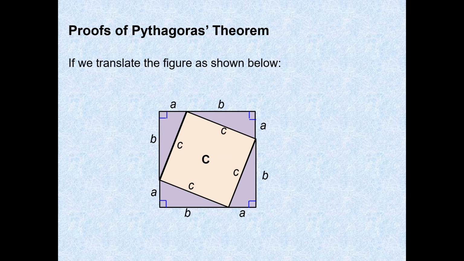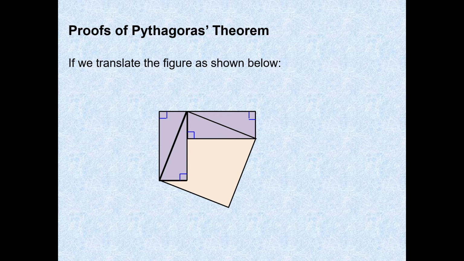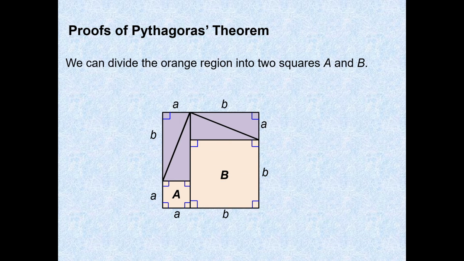So the base of the triangle is A, the height of the triangle is B, and the hypotenuse is C. And then later on, we are going to move it. You can see that originally we have the square inside, but now we can turn it into the L shape again.